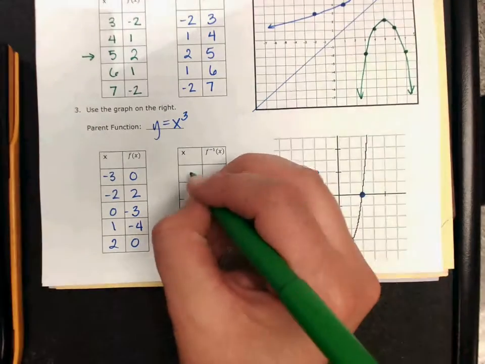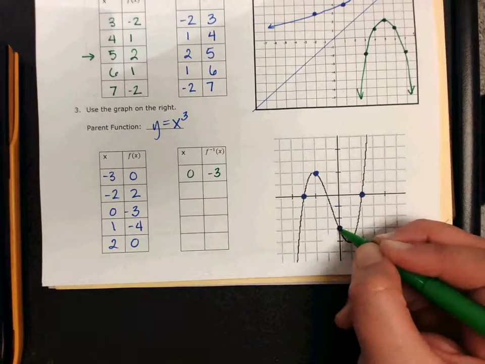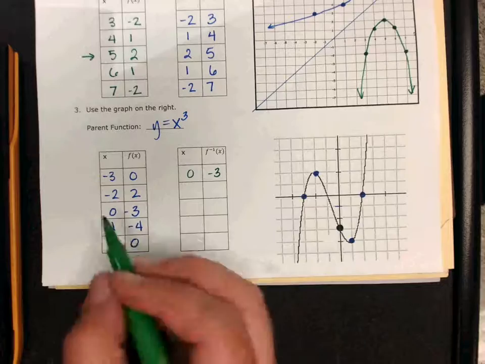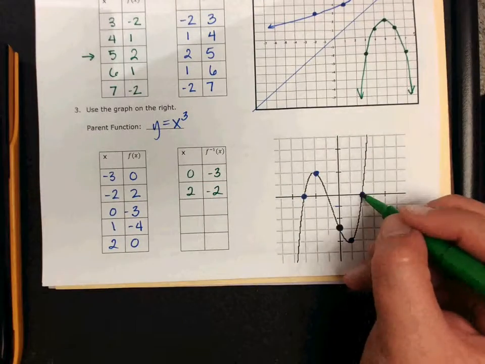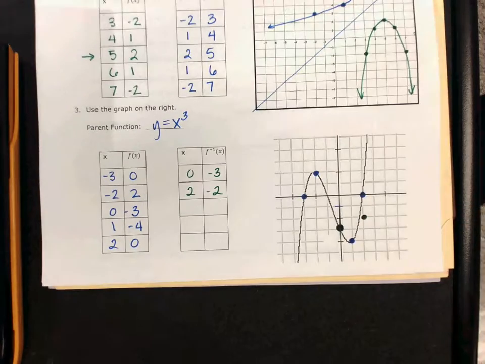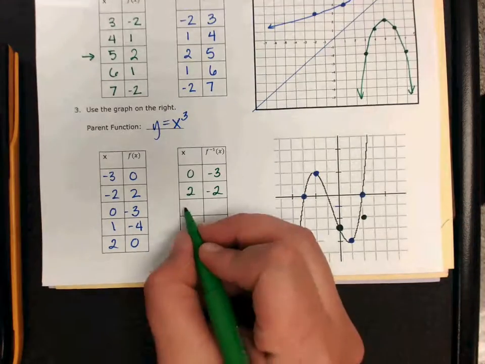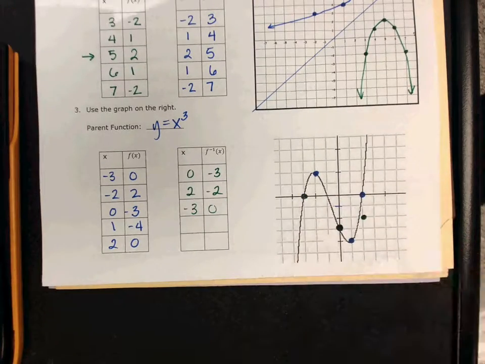So this is going to be 0, negative 3. 0, negative 3. Boom, right here. Then negative 2, 2 is now 2, negative 2. So 1, 2, negative 2. Next one is going to be negative 3, 0. So that would be 1, 2, 3, 0 right there.